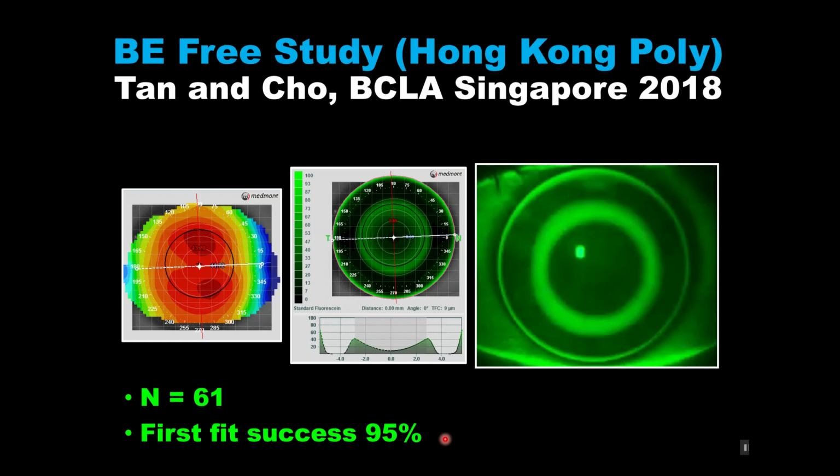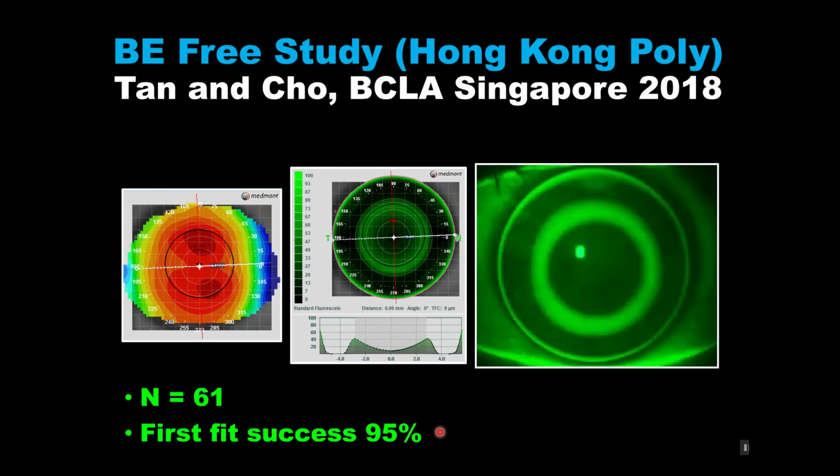At the Hong Kong Polytechnic University, where the world-famous Pauline Cho is based, she and her PhD candidate, Kiki Tan, did this initial work to compare the Medmont topography imported into a fitting software to design the initial ortho K lens, in this case the B free lens, and they found that their first fit success was 95% with an N size of 61 subjects.